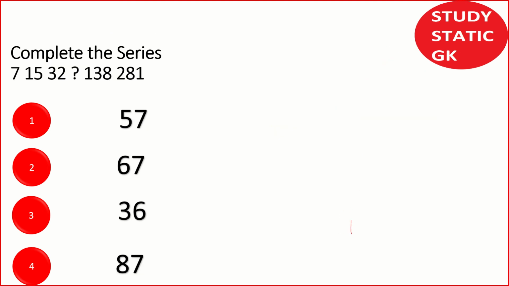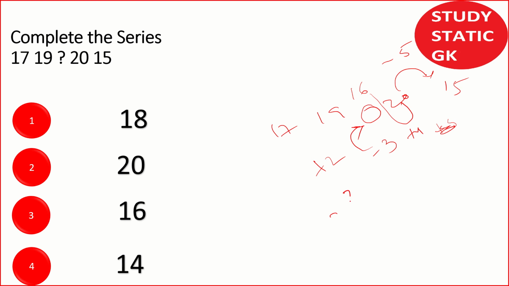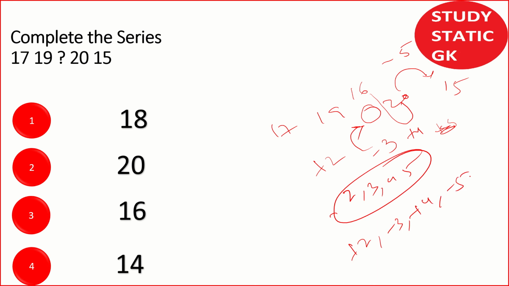So the differences are 2, 3, 4, 5, but plus 2, minus 3, plus 4, minus 5 like this. So the answer is 16. Got it? Because the series is oscillating, not in the same ascending or descending order. That is the reason why I chose it. There may be some plus, some minus.